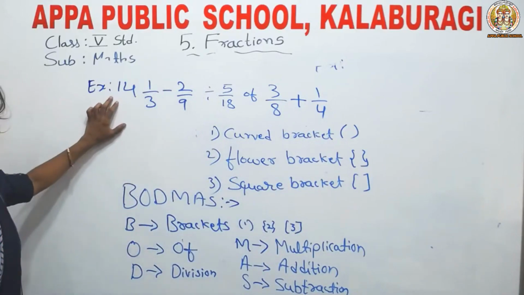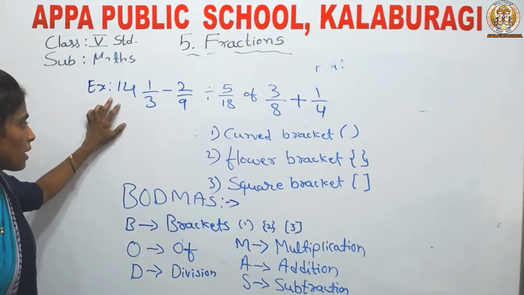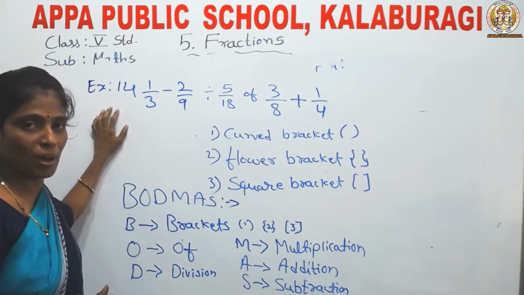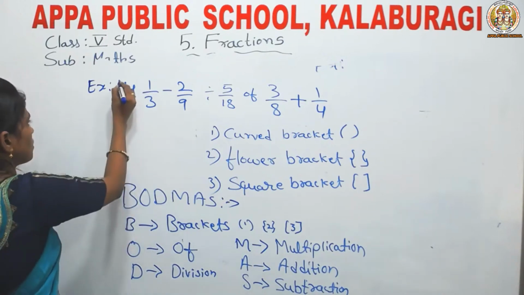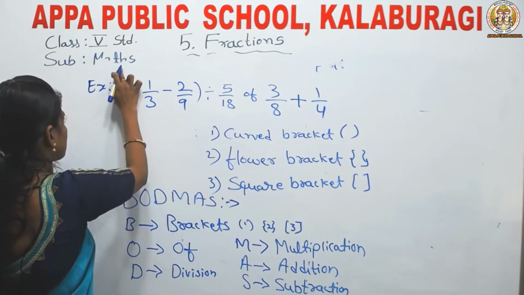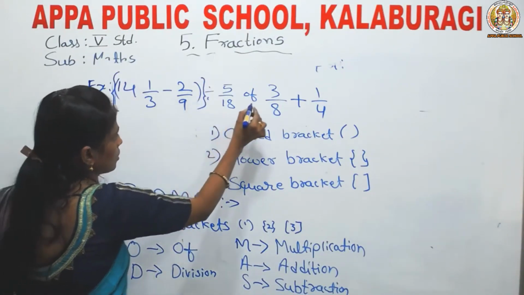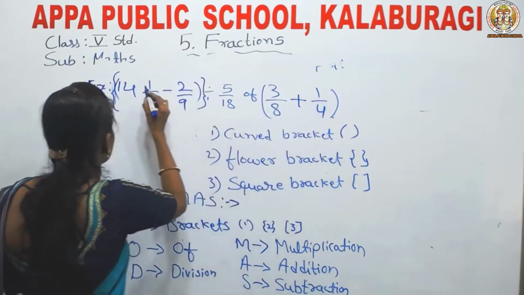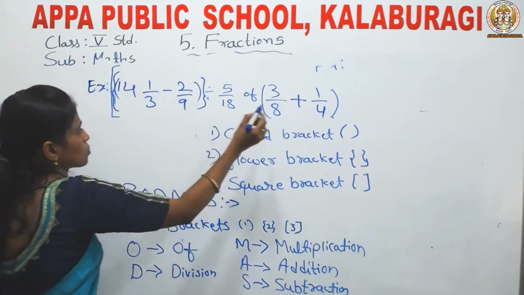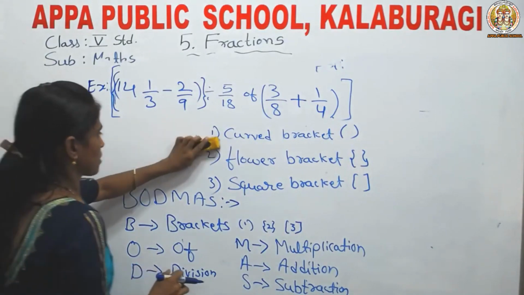Okay. Here the expression is given like this. If there are no given brackets, you have to use the Bodmas rule. How? First put a bracket, after that a square bracket. And here also a curved bracket. And after that a square bracket. Okay.